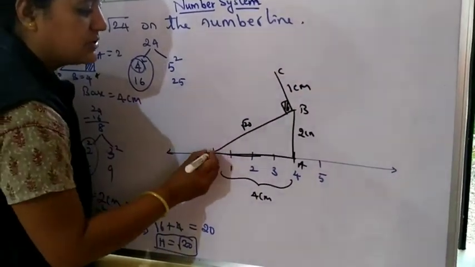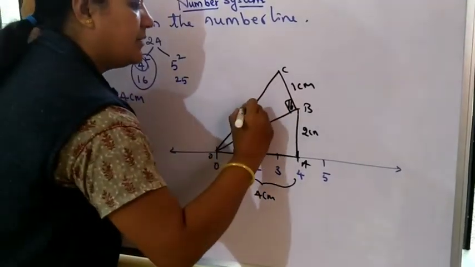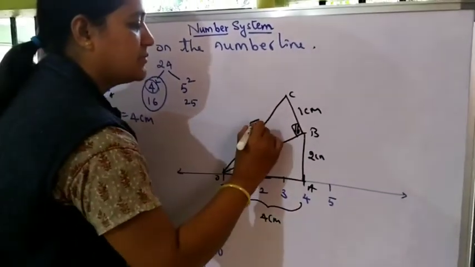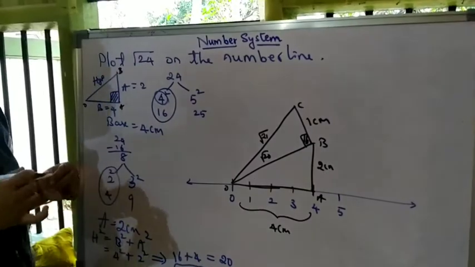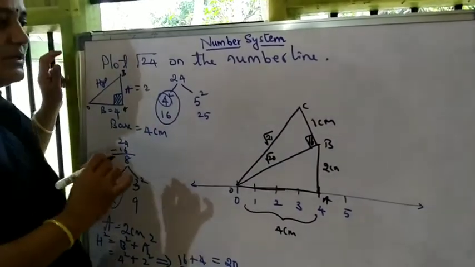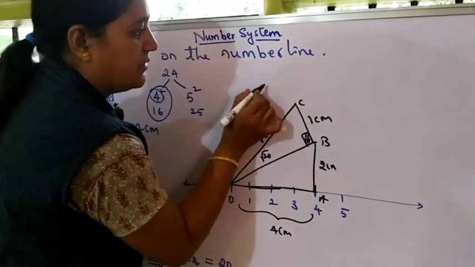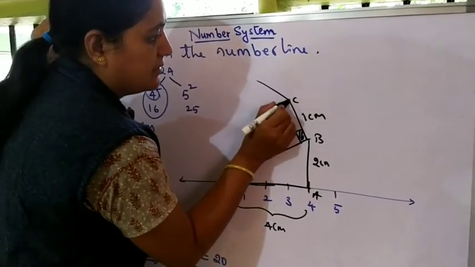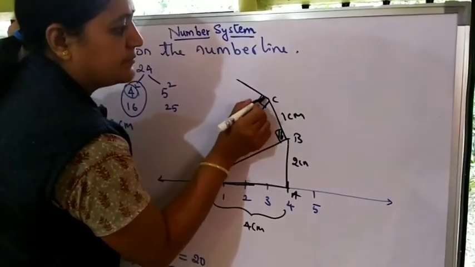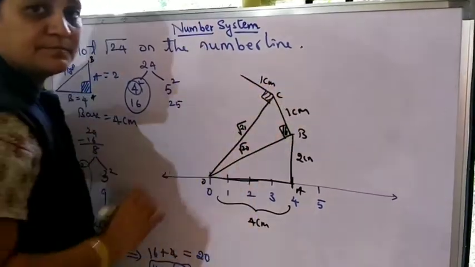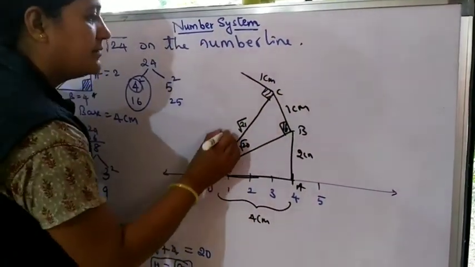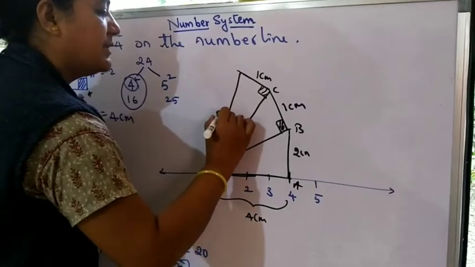If you join OC, the hypotenuse will be root 21. Again do the same thing. From the point C, draw a perpendicular of 1 centimeter. Then its hypotenuse will be root 22.